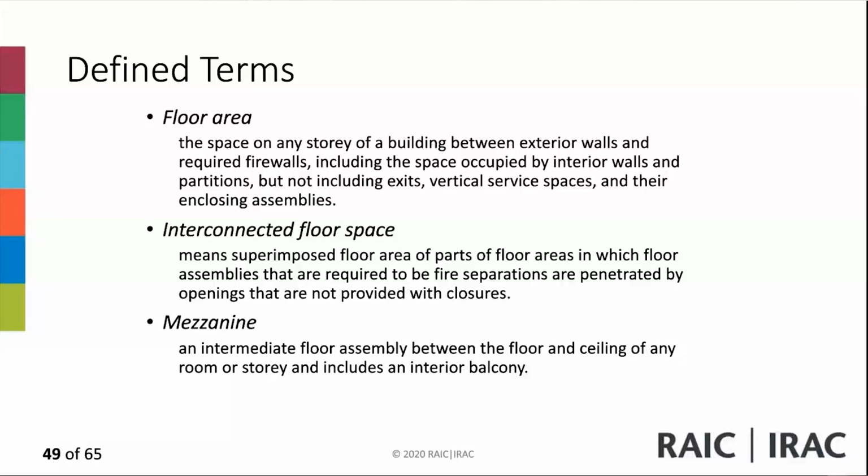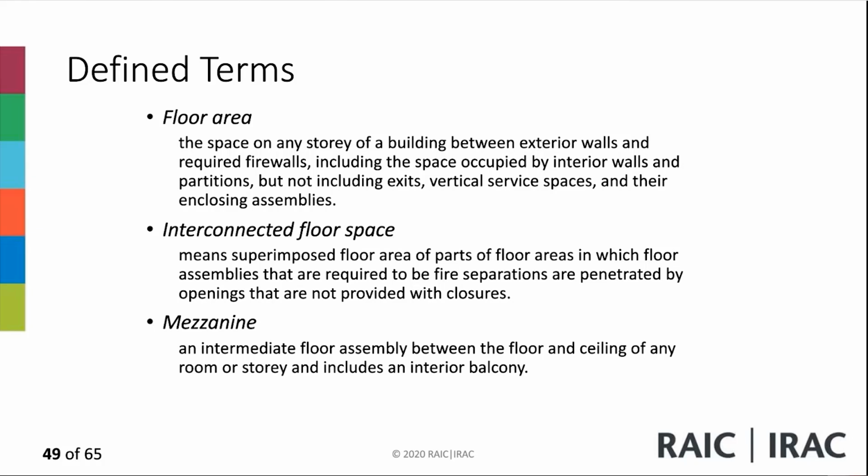So if the mezzanine is not considered a story, if the aggregate area of mezzanines that are not superimposed on top of each other does not exceed 40% of the open area of the room in which they are located, and except as permitted in sentence 7 and 3.3.2.13.3, the space above the mezzanine is used as an open area without partitions or subdividing walls higher than 1.07 m above the mezzanine floor.